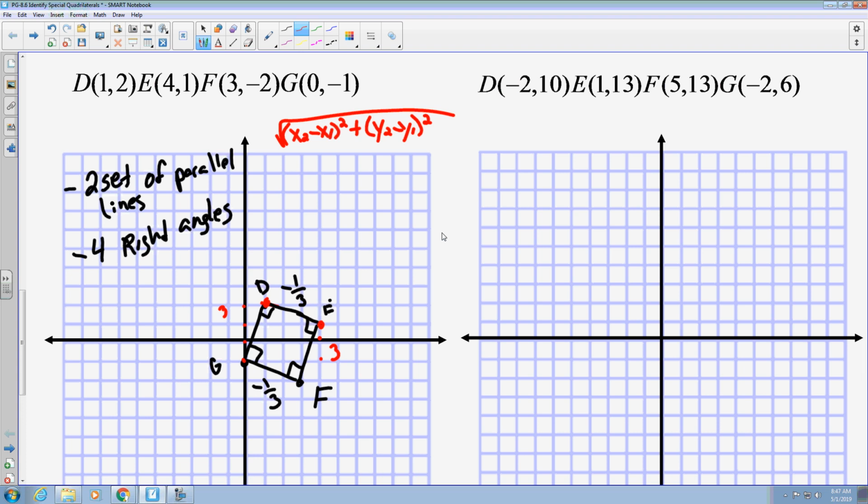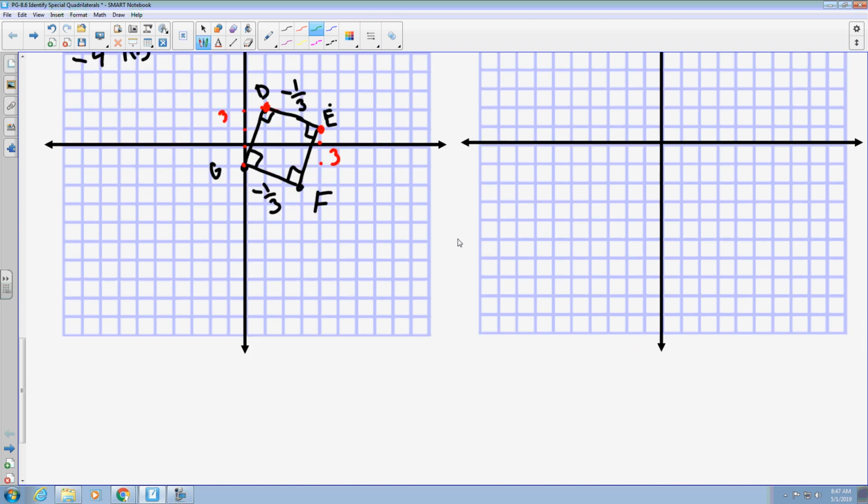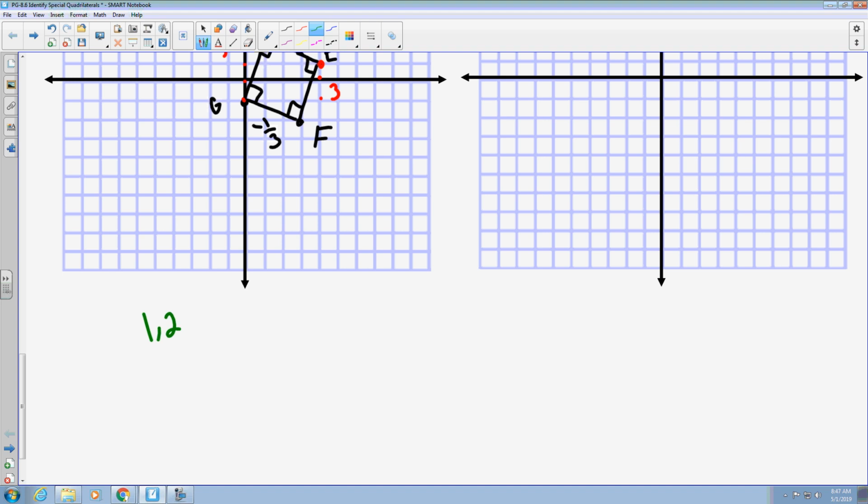So I got 1, 1, 2. I'm sorry, this is E. So I got 1, 2, and 4, 1.